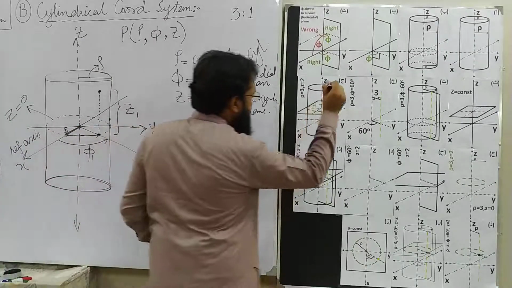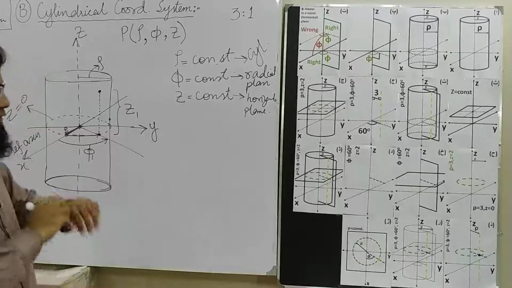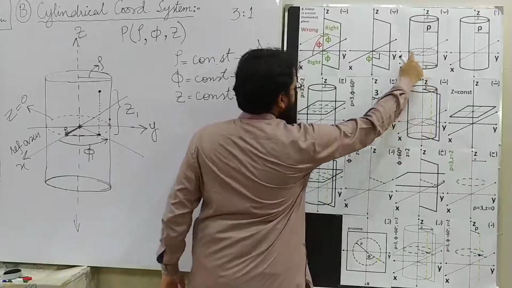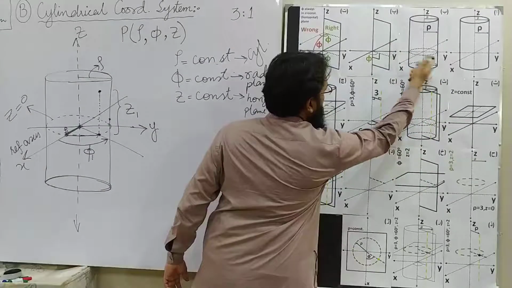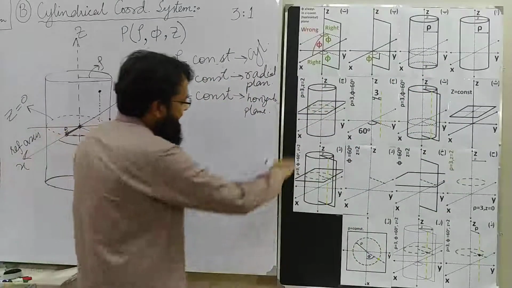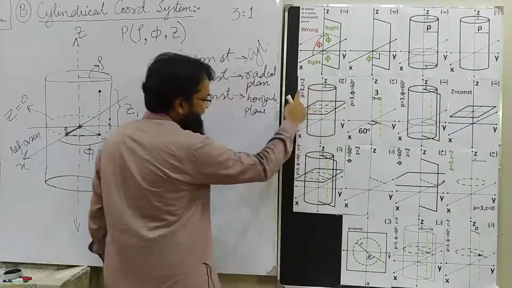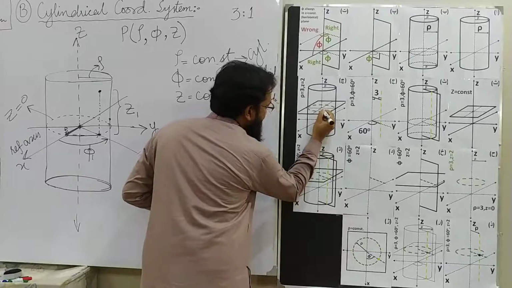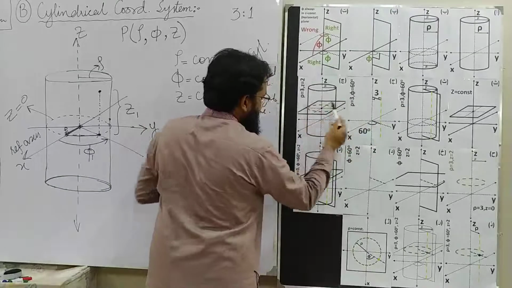Now in figure J, we are trying to show the intersection of rho equals constant and z equals constant. Earlier it was a different combination, now this combination. In this figure you can see the horizontal z equals constant plane, and I have taken z equals 2. It means that this point should be z equals 2, and the radius of the cylinder is the same.